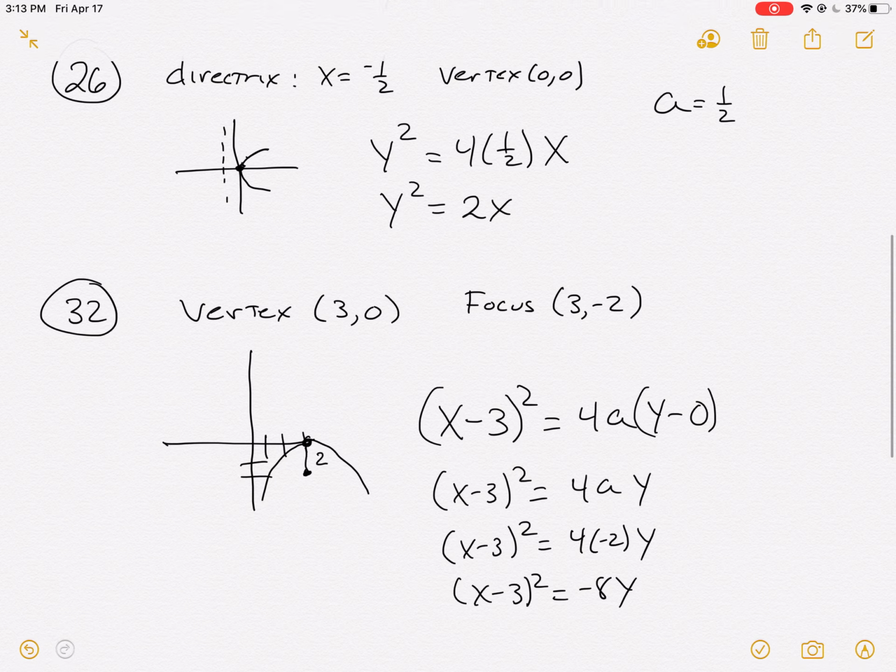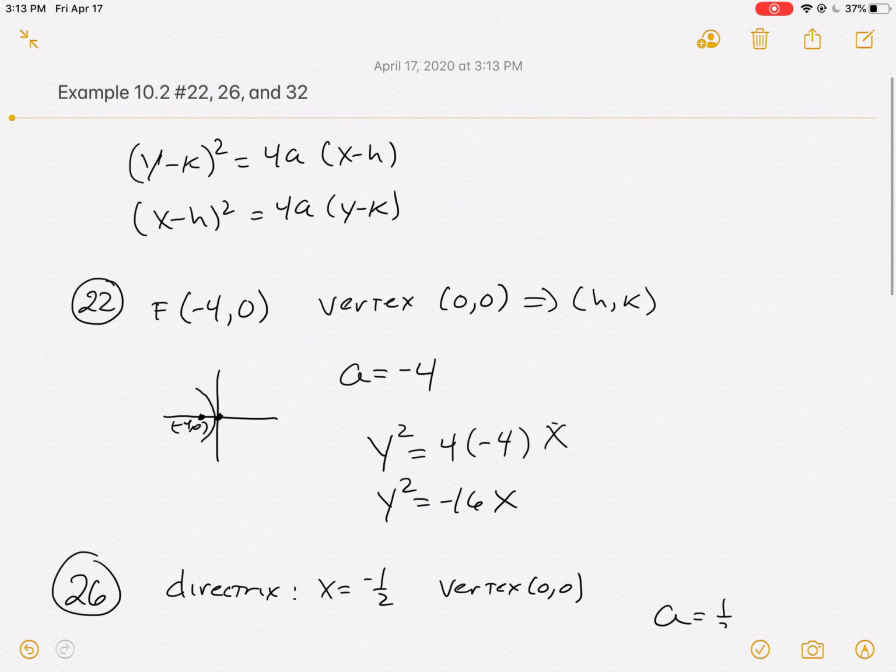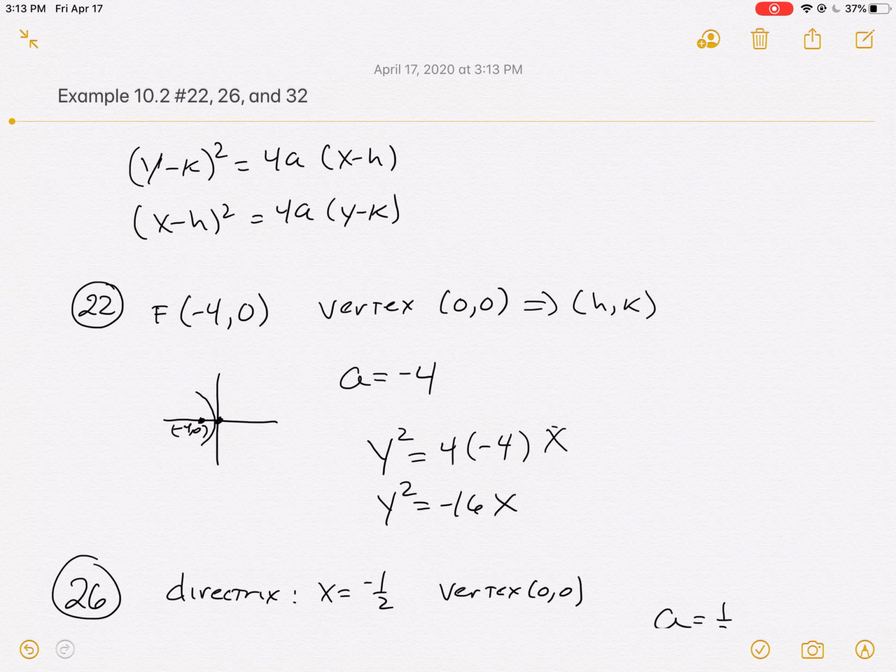So they're trying to match this form of the parabola every time, so that we can easily get some key pieces of information. There's other things that they may ask for, but it looks like they're asking just for the vertex, focus, and directrix each time. And so here they're giving us that information, wanting us to build the equation. And in the other examples that we'll do, we'll have the equation and we'll get this information off pretty easily.